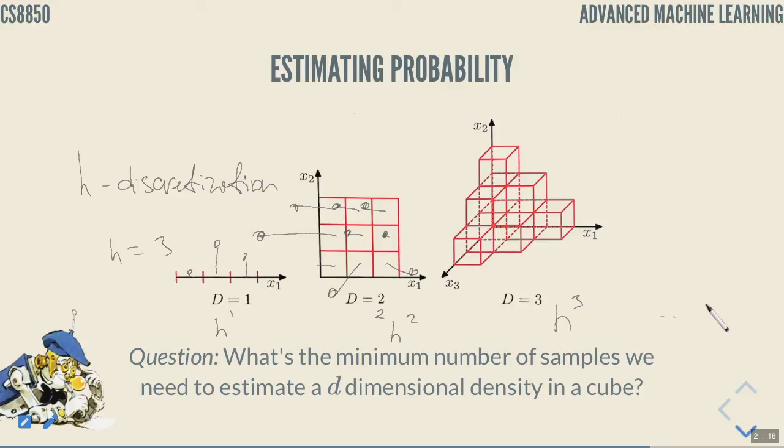And for higher dimensional space, we need more and more samples. So imagine how many samples we need in 50-dimensional space to reliably, well, we're not even talking about reliably, just a minimum number of samples to hit each bin. So that's what's usually called the curse of dimensionality, that the required number of samples grows much, much, much faster.